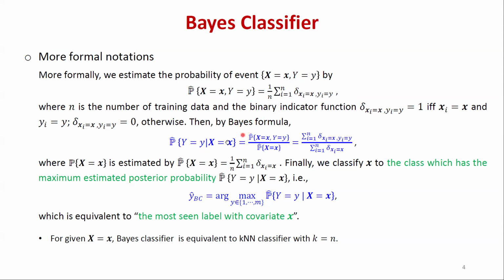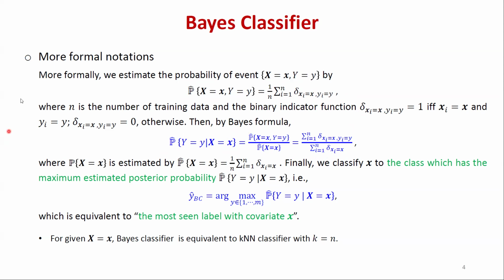So why do we need to care about this one first? Because by Bayes formula, we can calculate, actually here it's not even Bayes formula, just conditional probability, very basic: P(A|B) is the probability of A and B divided by the probability of B. And using the same binary indicator function delta, we can estimate P(X equal to x) this way. Sorry, let me write something.